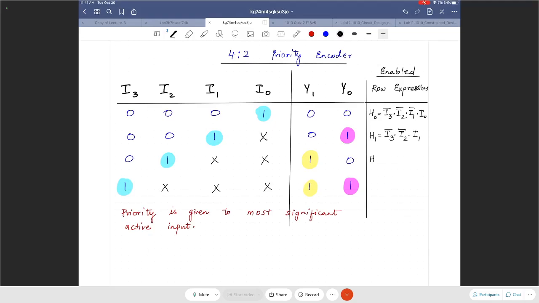Next, I3 is 0, I2 is 1, and that's it. I don't care about I1 and I0. Next, H3 is simply I3. In this case, all inputs and outputs are active high.